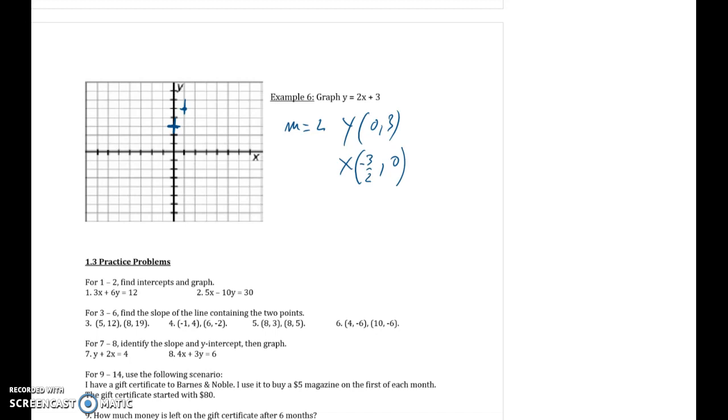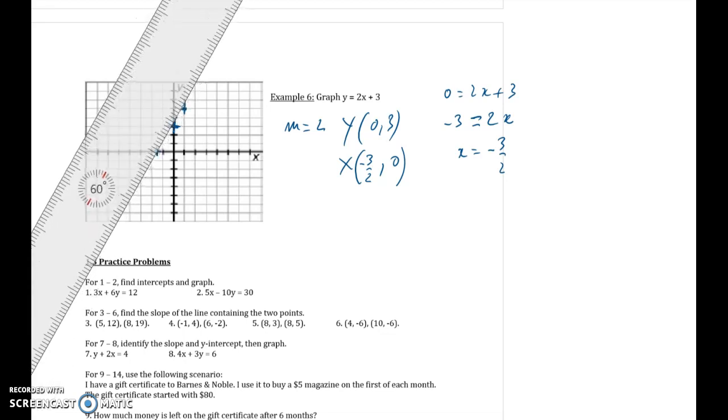By the way, when y equals 0, 0 equals 2x plus 3. So negative 3 equals 2x, and so x equals negative 3 divided by 2. So negative 3 divided by 2 is somewhere right here.